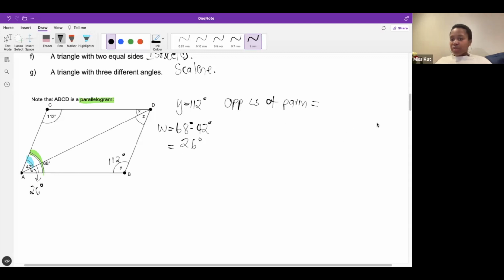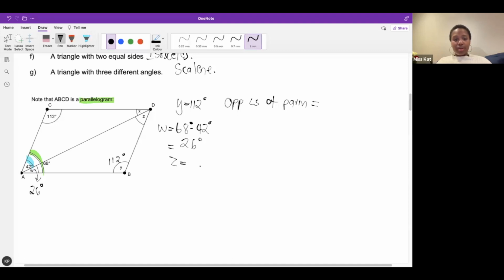Wonderful. I saw people give me an answer for Z. Saneli said Z equals 42 degrees. And Narisha, thank you. Narisha even gave me a reason and said alternate angles. Okay.